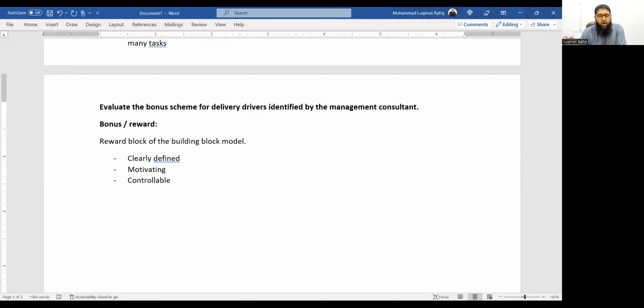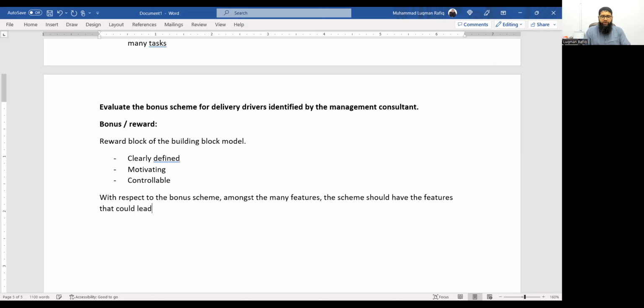Basically, you would say that with respect to the bonus scheme, amongst the many features, the scheme should have features that lead to rewards being clearly defined, motivating, and based upon controllable factors.